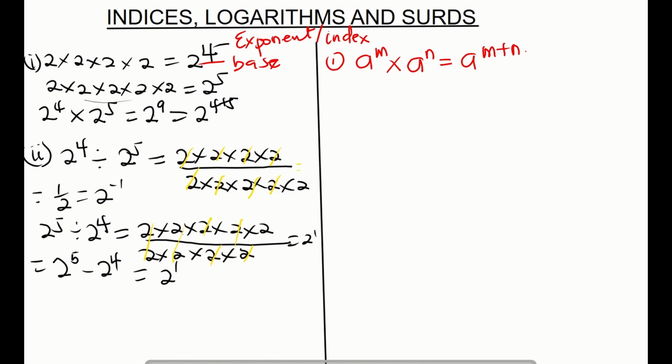So we have the second rule: any base a to the power m divided by a to the power n should be a to the power m minus n. Here, our m is greater than n. In the first case, we realized that our 4 was smaller than our 5, but we'll see that situation in this case as well.